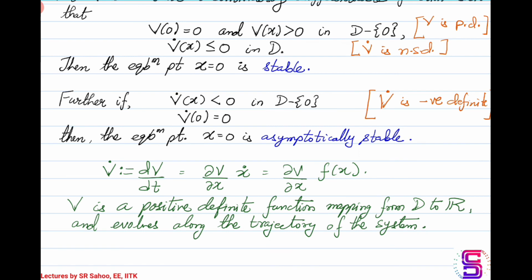So that is why we say that V dot is evaluated along the system trajectory. Also note that V is a positive definite function mapping from the domain D to R, and because the rate of change of V is known, it always evolves along the trajectory of the system.